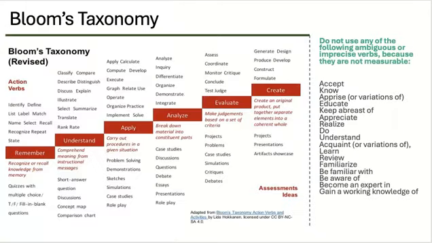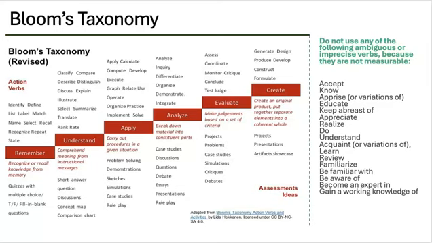This is Bloom's Revised Taxonomy. This is one of the most amazing resources for you to be able to use to design any type of learning activity or course module. If you see, the lower level is remember, and the highest level is create.